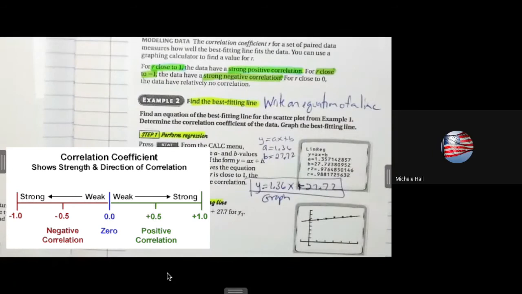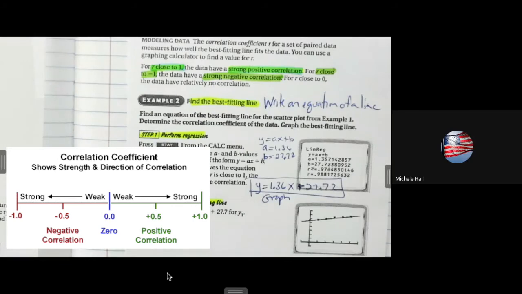So the closer you are to 1 or negative 1, you're going to have a strong positive or negative correlation. When isn't it going to be a strong correlation? What does a strong negative look like? The line is going down. That's why it's a negative. What's a strong positive? The line's going up and it's fitting very close to the data.